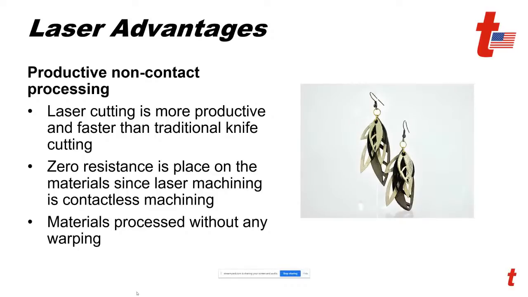Laser machining is a non-contact machining, so it doesn't push the material, so it's not going to warp it. Your knives are not going to constantly dull, which they tend to do. Scissors tend to dull. You get fraying, you get other problems on the fabric. Lasers give you that nice, clean, consistent cut when processing materials without actually touching the material itself. So it makes it very easy to process these types of materials.